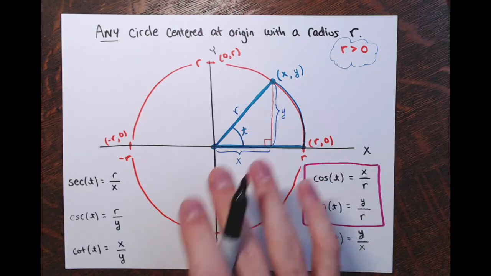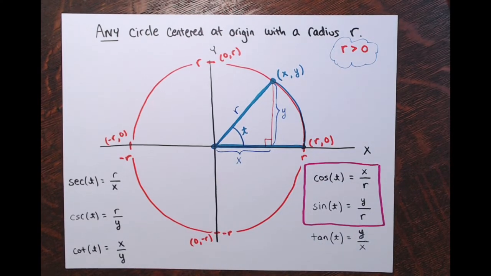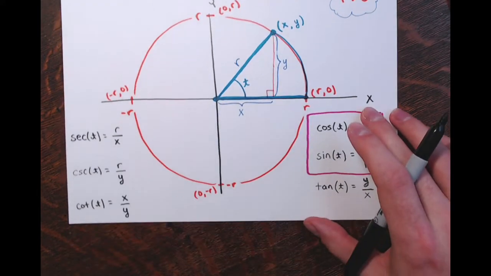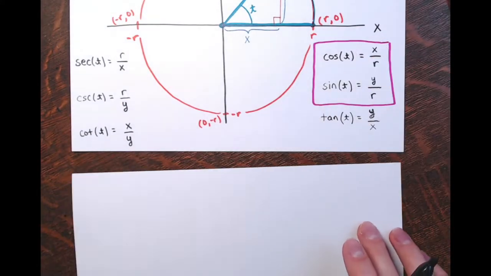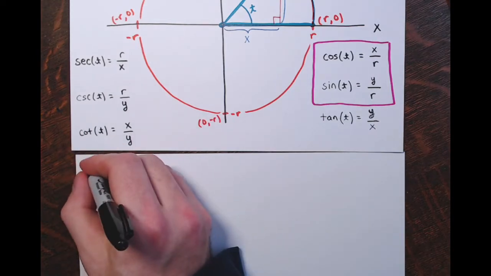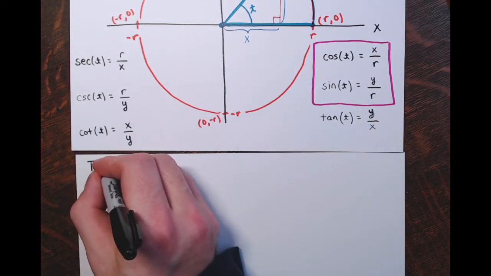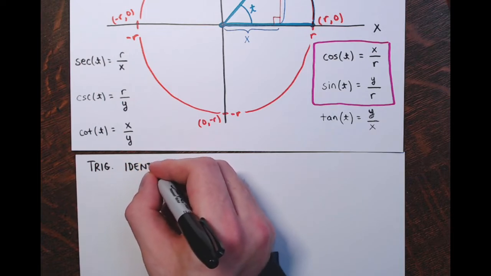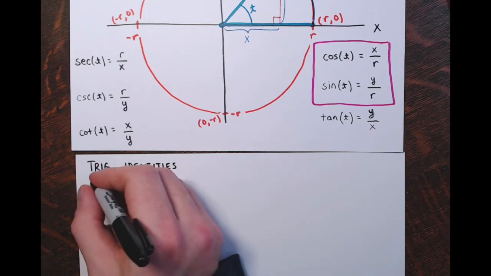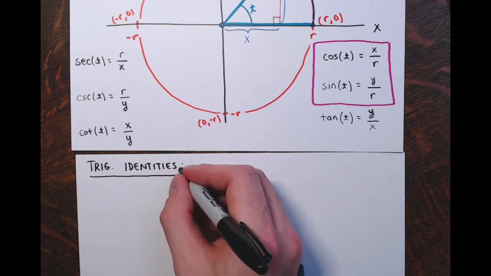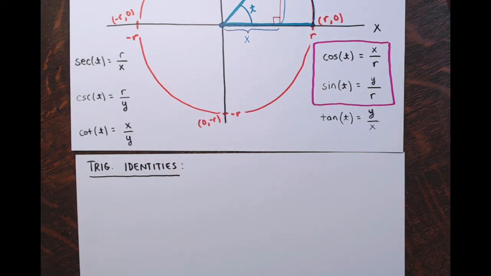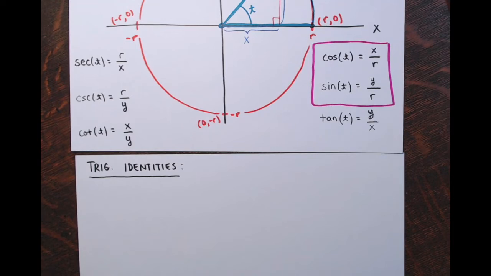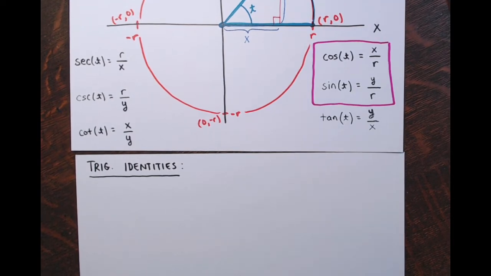Right, so I'll keep referring back to this picture though, as we have some properties or some identities. So some trig identities. Now, an identity is just a statement that is always true for any value from the domain.